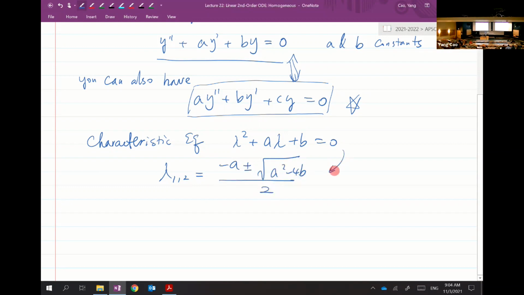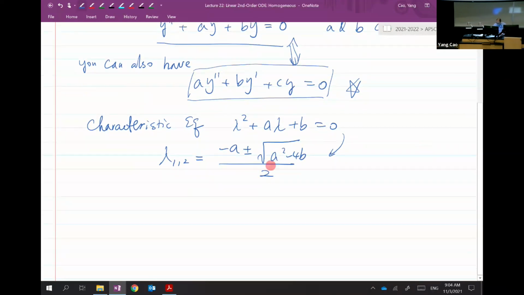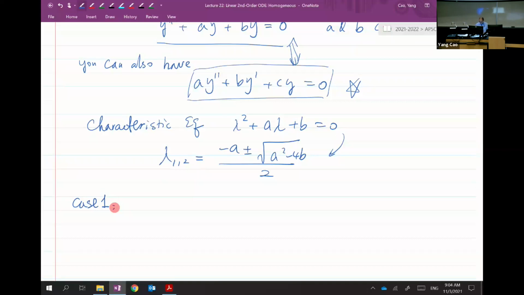If your quadratic equation is written in the format of a lambda squared plus b lambda plus c, then you have a slightly different appearance. So now we can obtain three different cases based on this square root term.